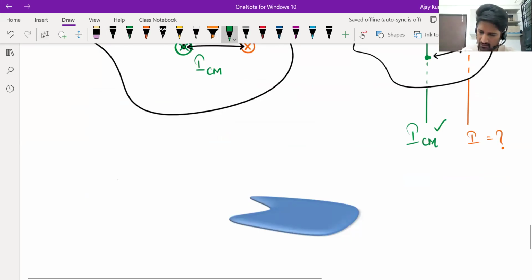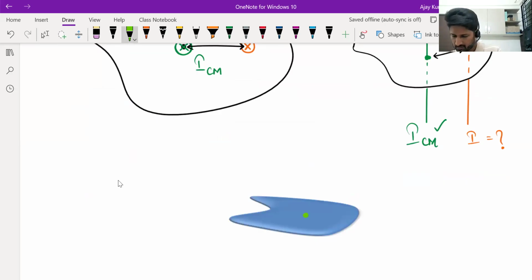Assume its center of mass is here. So the moment of inertia about an axis passing through its center of mass, we called it as ICM. And now we want to derive its moment of inertia about some other axis.